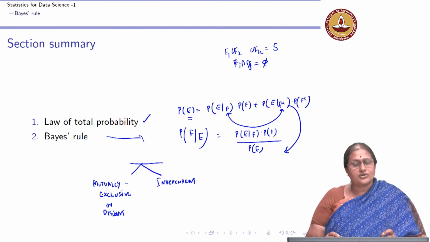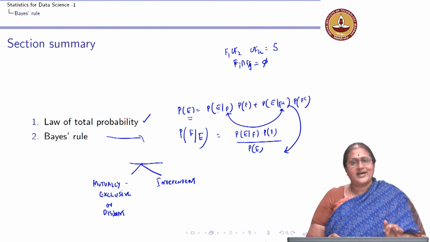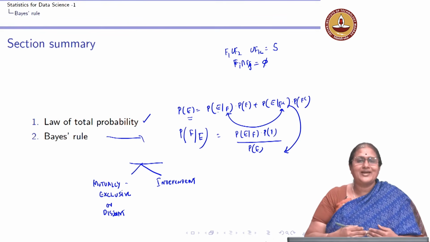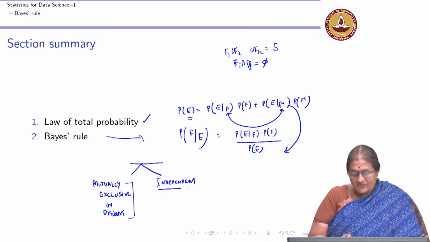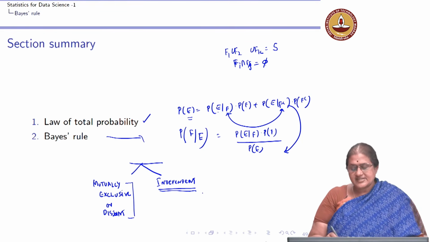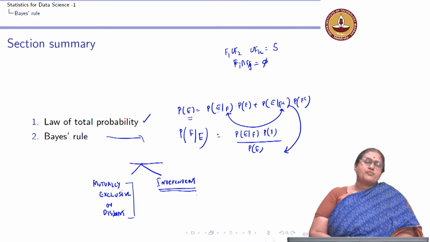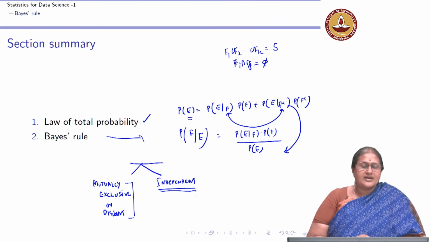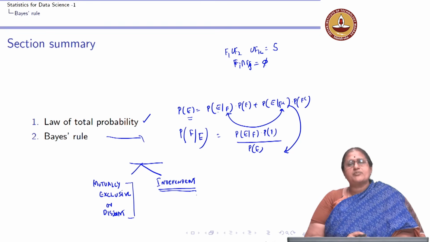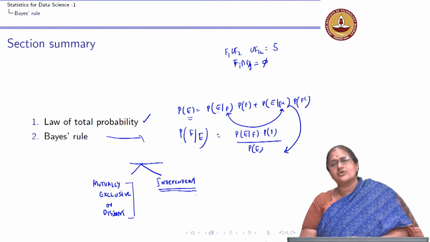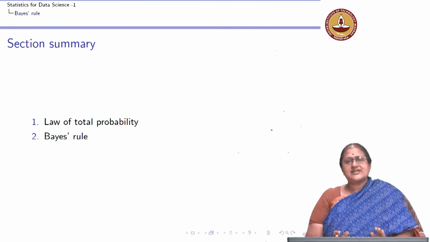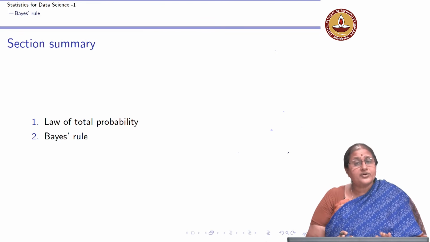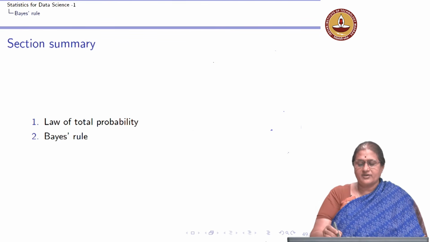For example, when I am tossing a coin, occurrence of a head does not allow a tail to be an outcome. That is when I call them mutually exclusive, whereas independent events say that the unconditional probability of an event happening is the same as the conditional probability of that event happening conditioned on the occurrence or non-occurrence of another event.